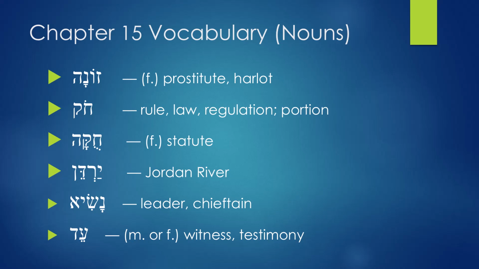And then you have Nasi. Nasi means leader. It means chieftain or leader. And then you have ed. We saw this word. Ed means witness. The one that is used in do not bear false witness. Ed means witness or testimony.